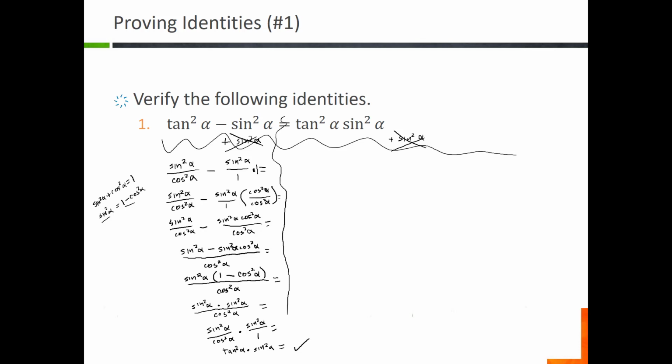So jump over and start doing some stuff on the right side. And hopefully as you start doing stuff on the left and the right side, you'll see things get closer to each other, and then you can finish it up. But again, I never added something to both sides as you would in an equation, because it's not an equation. It's an identity, and we're trying to show that it's actually true. I'm not trying to solve it, I'm trying to show it's actually true.